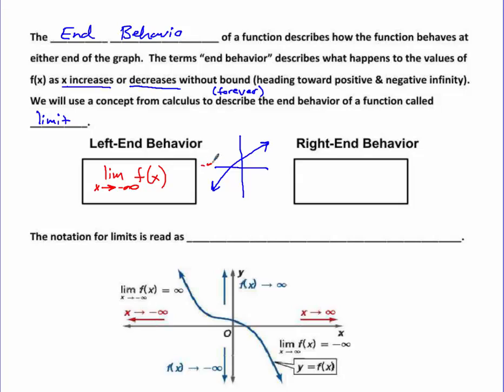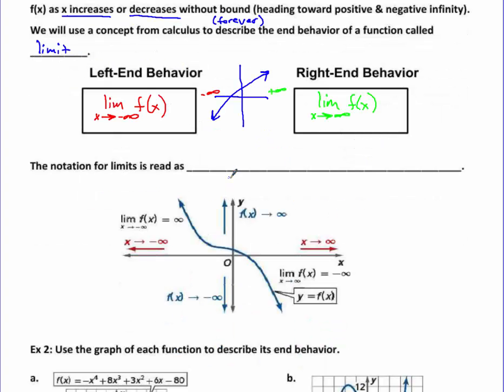So that's negative infinity. And now when I talk about right end behavior, I'm talking about as far right as I can go on this graph, which would be positive infinity. So right end behavior is talked about as the limit as x approaches positive infinity, and we just put infinity. So it's the limit as x approaches infinity of f of x.